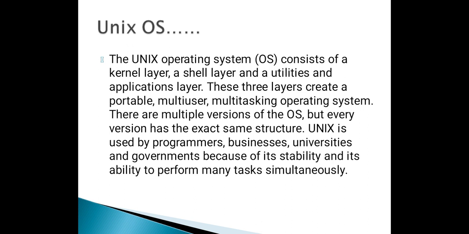As we discussed, the kernel layer consists of various subsystems like the process management subsystem, the input output management subsystem, the file subsystem, and the memory management subsystem. The shell layer consists of system calls and libraries, and also the interpreter and shells and its commands. And then finally we have utilities and applications, so whatever programs or services we are going to execute will all be present in the utilities and application layer.